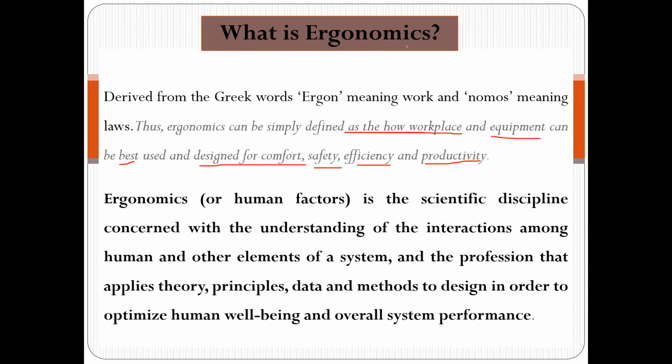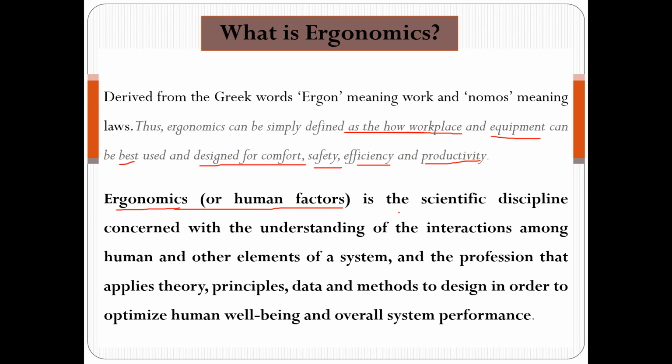So I think the definition of ergonomics is clear to you now. It is a law in which we decide how the workplace and the equipment can be best used and designed for comfort, safety, efficiency, and productivity of the human being working for an organization. Sometimes ergonomics is also replaced by the word human factors.